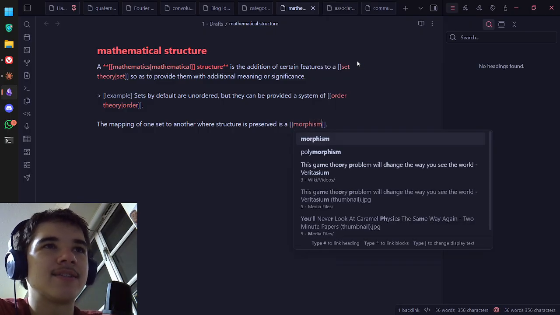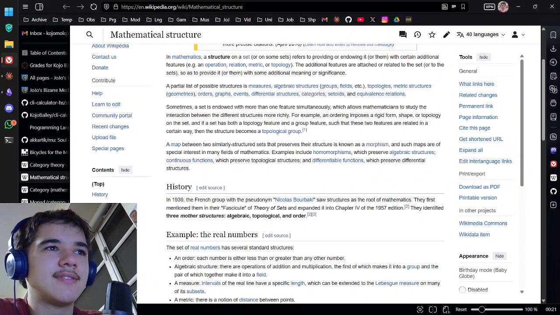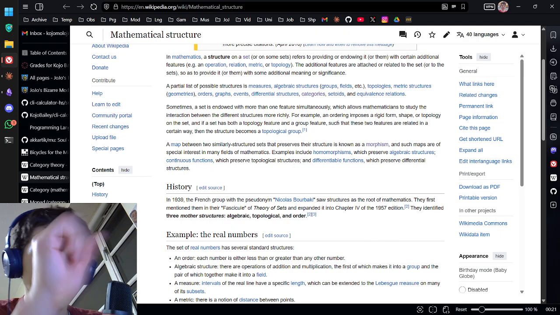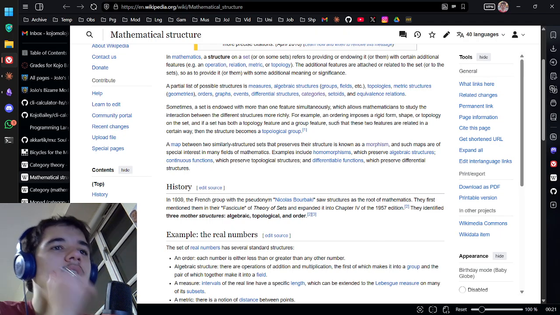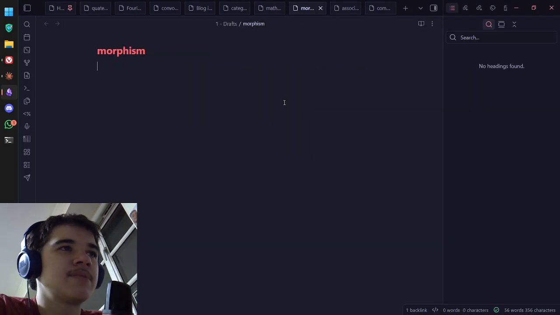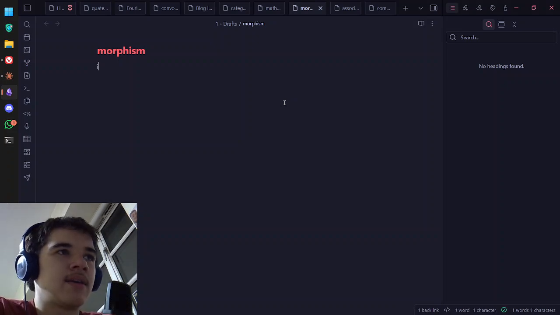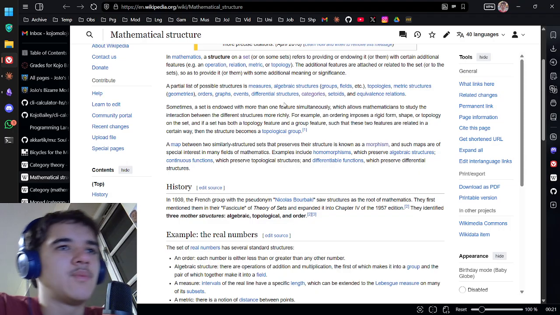Polymorphism. It'd be hilarious if that's actually the same idea. Okay, so we will define what a morphism is in category theory. We'll see if we can come to that later.